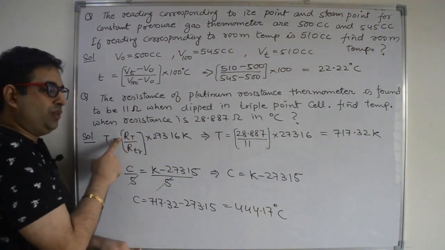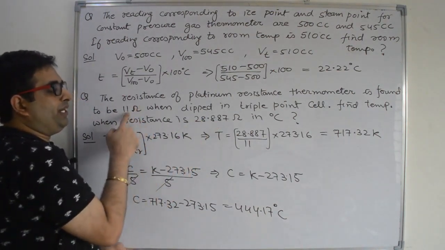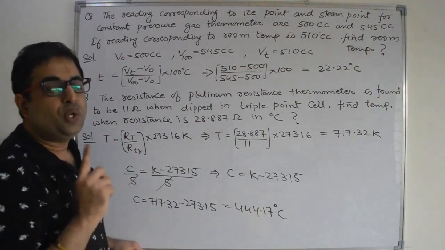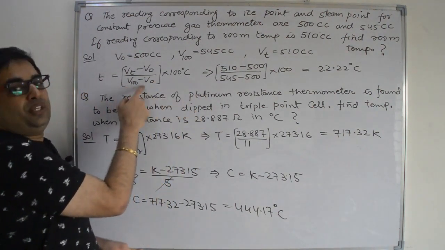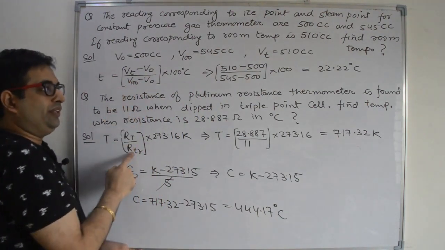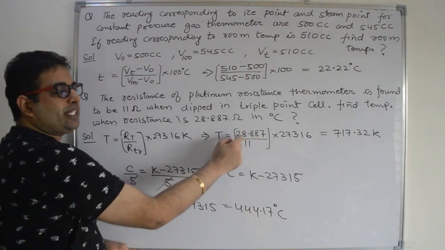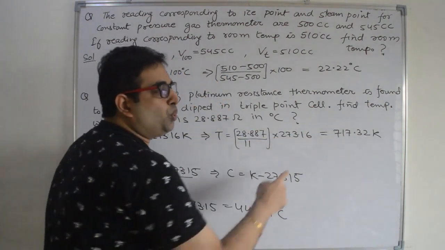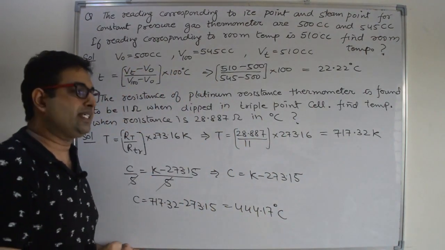Reading is given to you, RT is 28.887. At triple point it is given to you 11, because here we have only one reference point. In the previous case we were having two reference points. Here only one, so RTR is 11. Solve it, you will get 717.32 Kelvin, but they are asking to find out the answer in degrees Celsius.